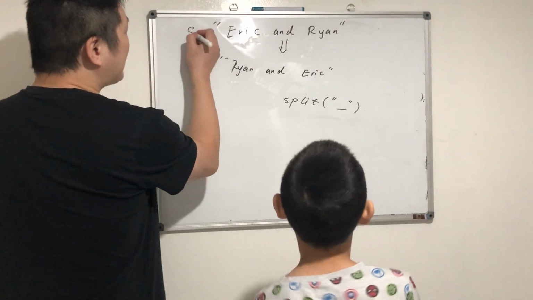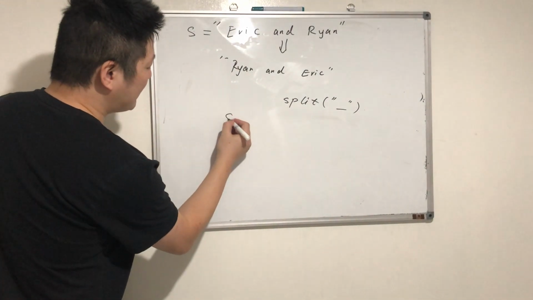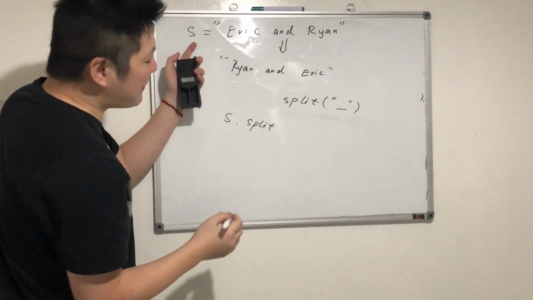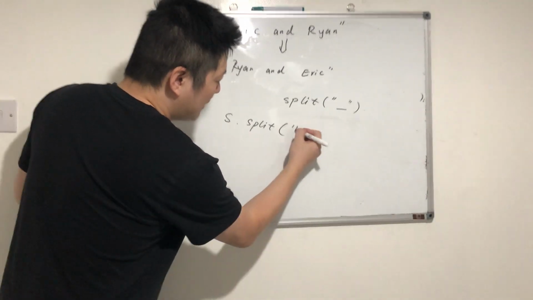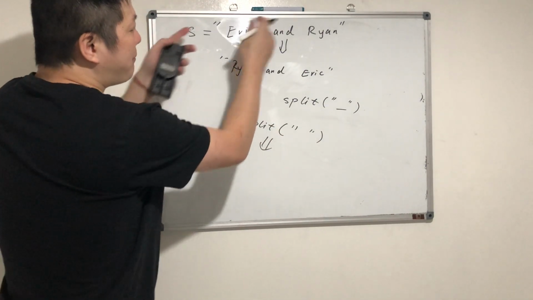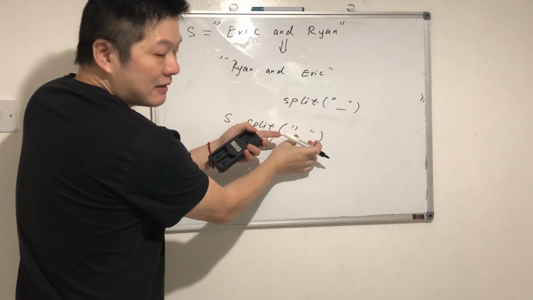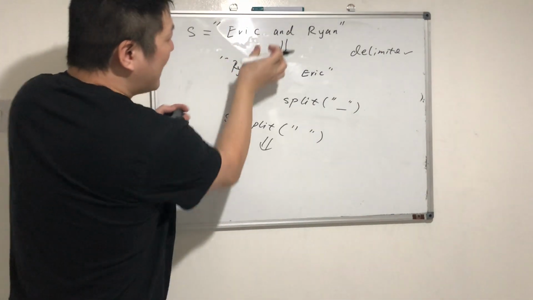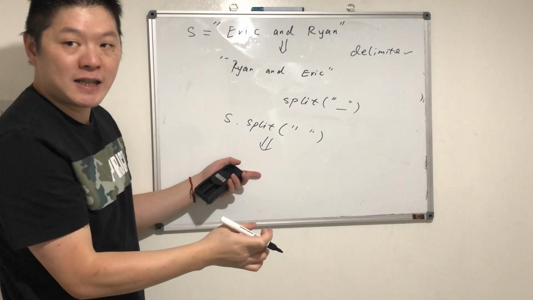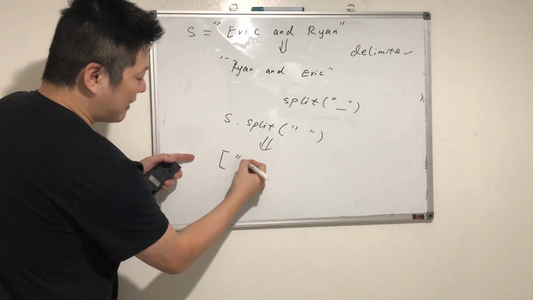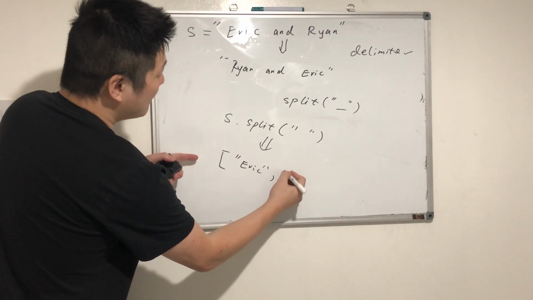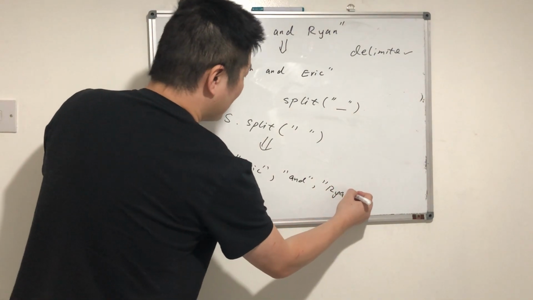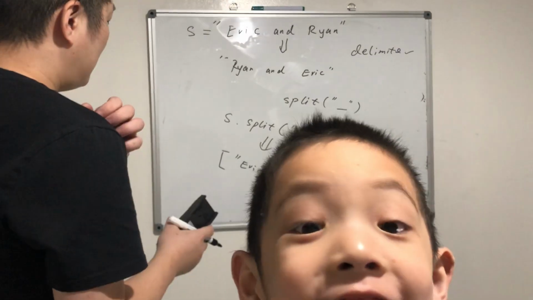If S is a string, S dot split space will split the sentence string by this delimiter into a list: bracket Eric, comma, and, comma, Ryan. Got it?